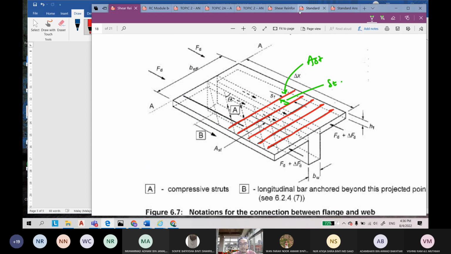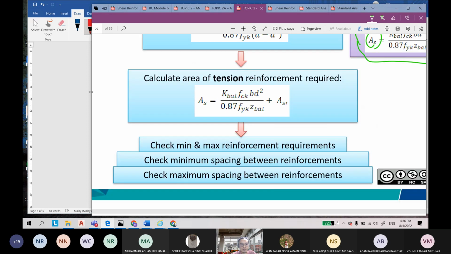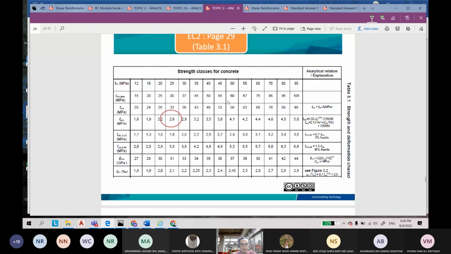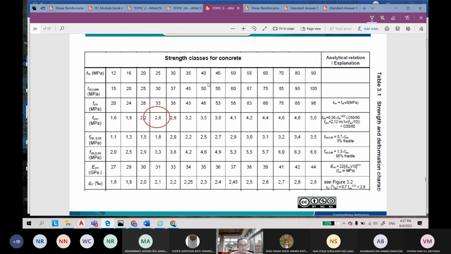Refer to this table for fctk, row number 1, 2, 3, 4, 5, just below fctm. fctm is for the calculation of As minimum, and fctk is here.